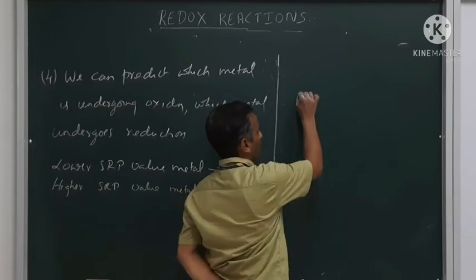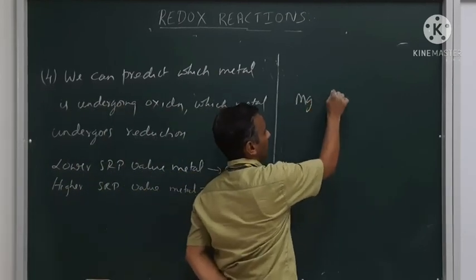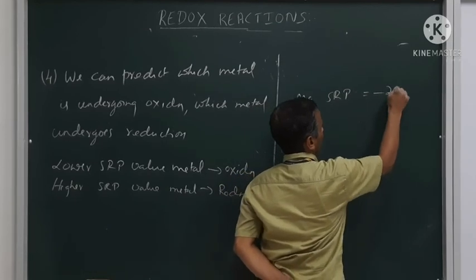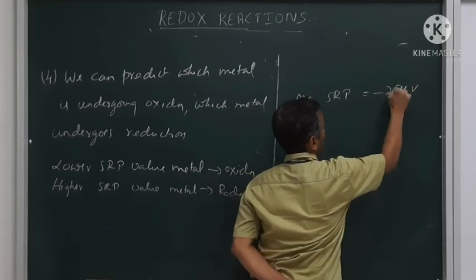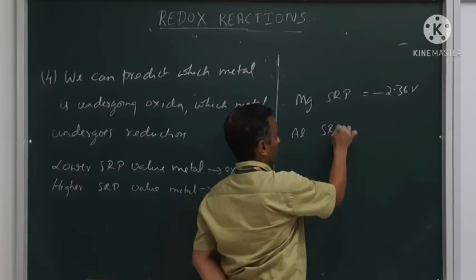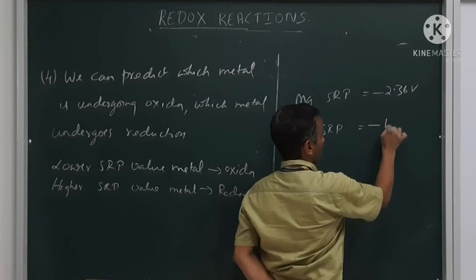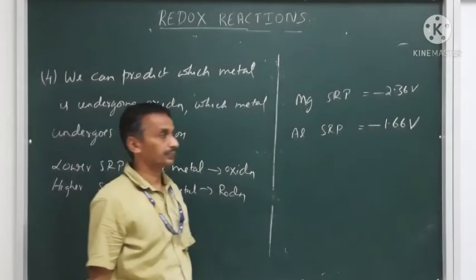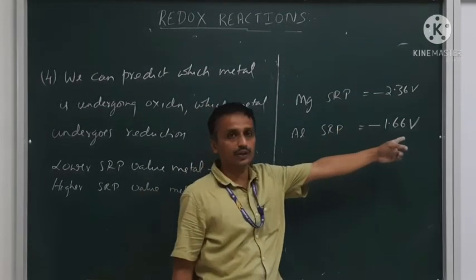Just here, the magnesium SRP value is minus 2.36 volts. The aluminium SRP value is minus 1.66 volt. Which is undergoing oxidation, and which is undergoing reduction?